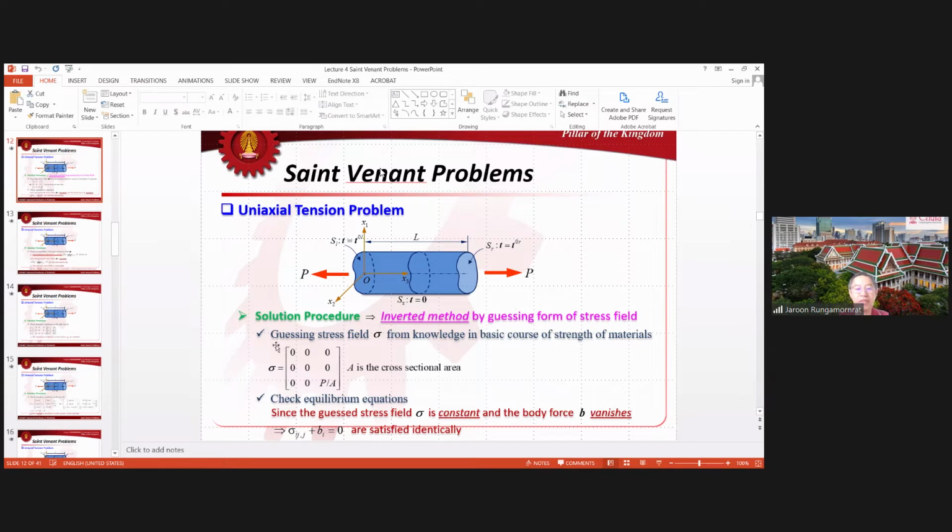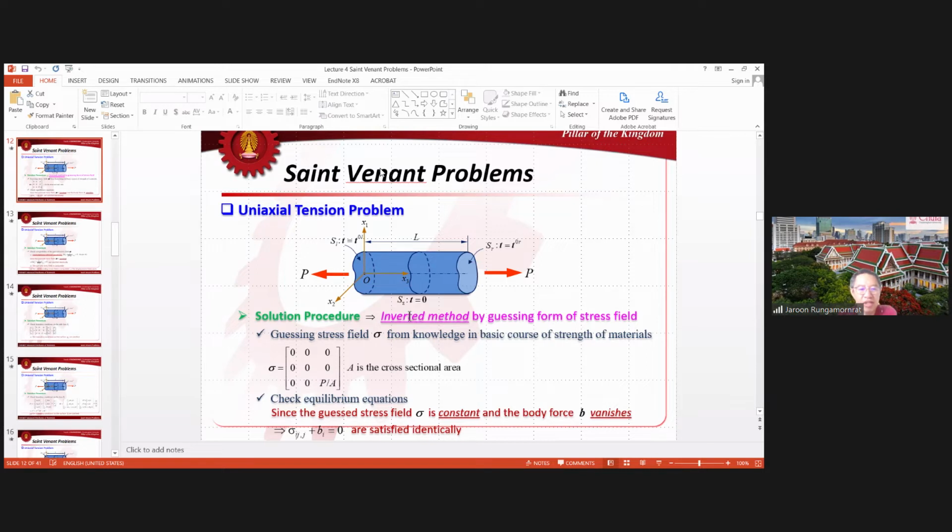So here we assume the stress tensor in this particular form. We have all zero components except for sigma 33, equal to P over A, where A is the area.